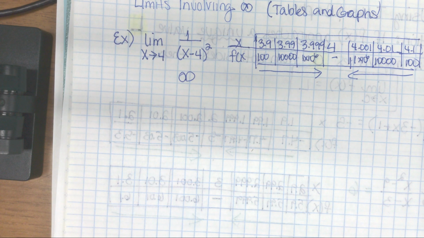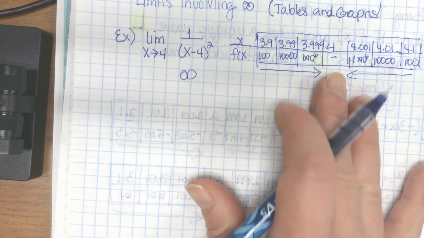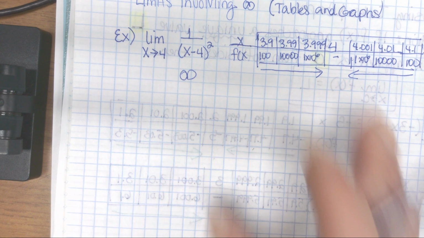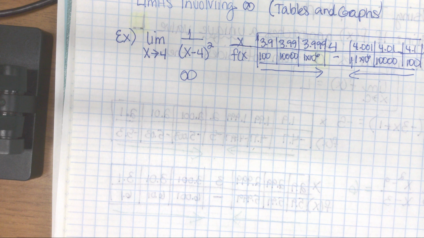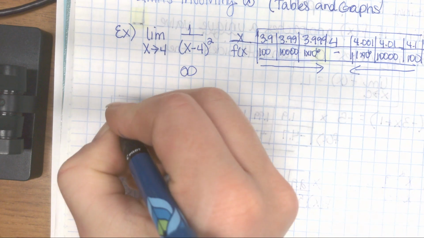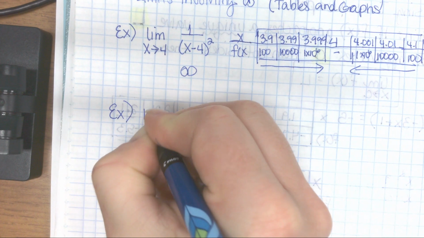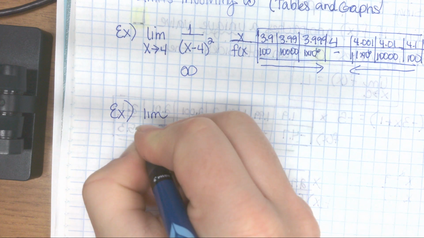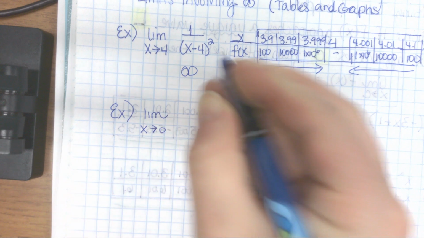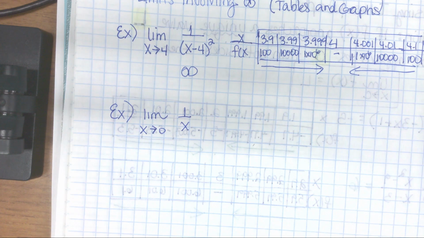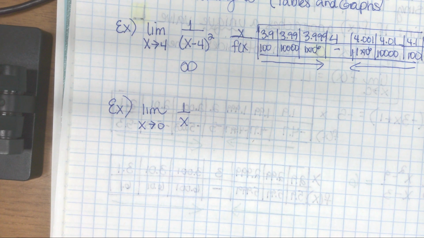Okay, I wanted to show you what a table looked like. Let's throw a couple more up there. How about the limit as x goes to 0 of 1 over x? Now let's just look at this one.